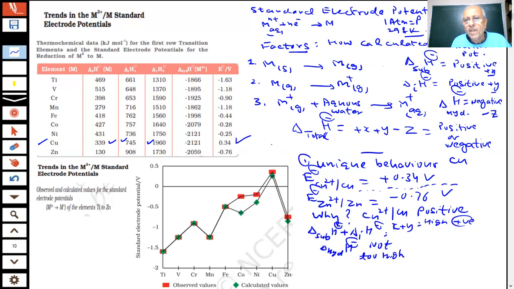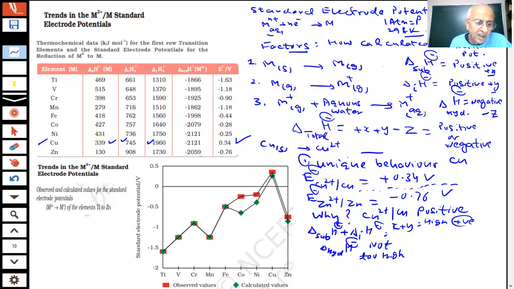So for other elements, delta H sublimation and delta H ionization are compensated by the high hydration enthalpy. Of course, when the negative value is more, naturally it will become negative. That's what we are saying.